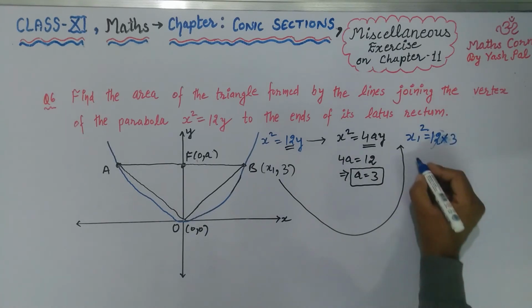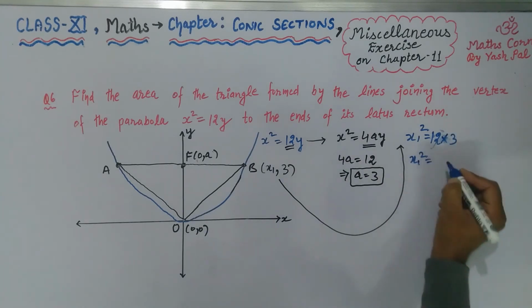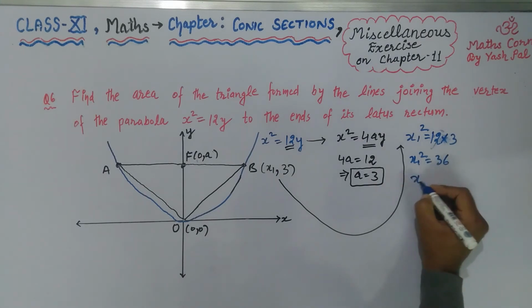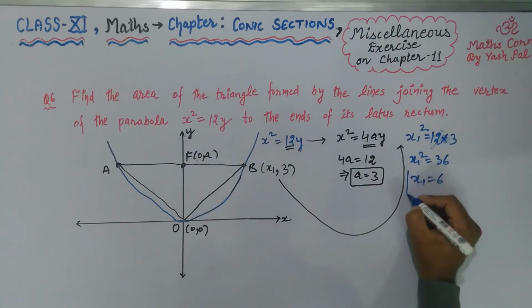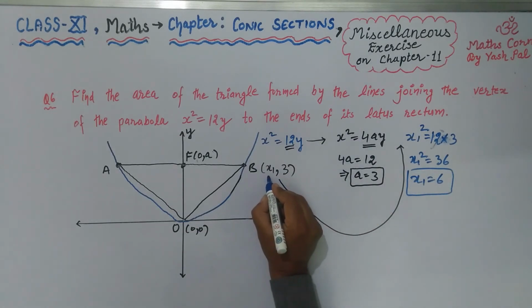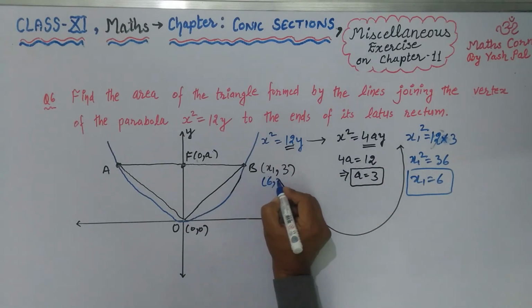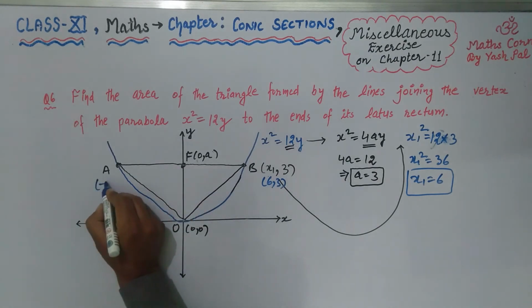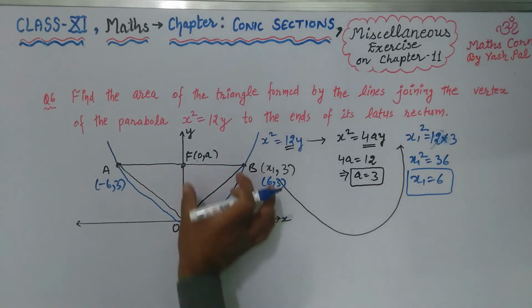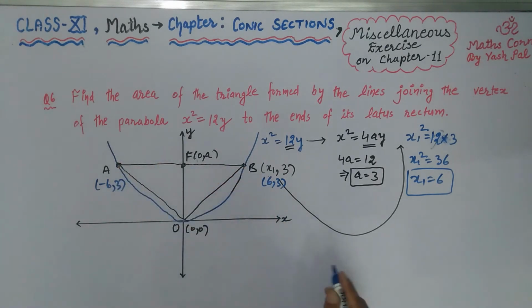So x1 square is equal to 36, so x1 is equal to plus or minus 6. So we have (6, 3) here, and this point is (-6, 3).